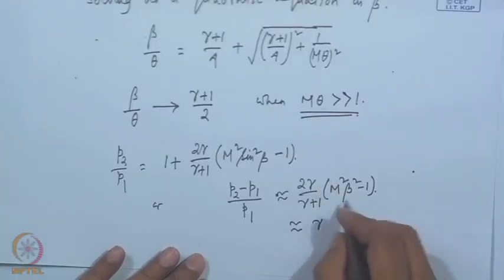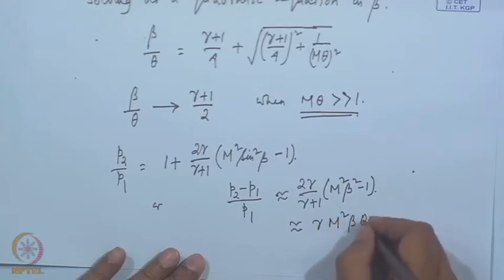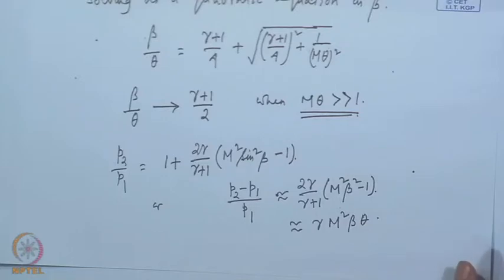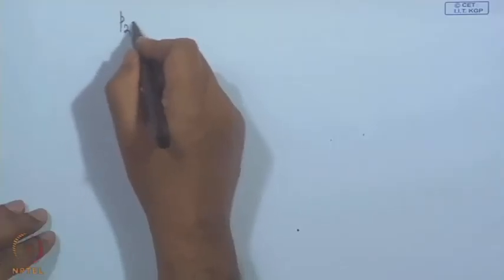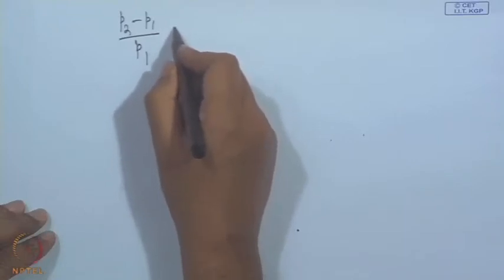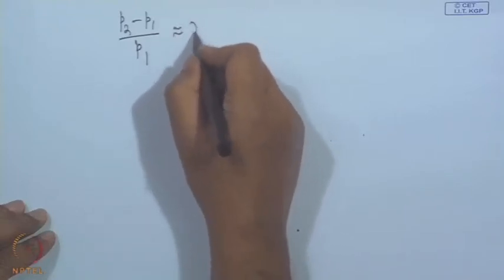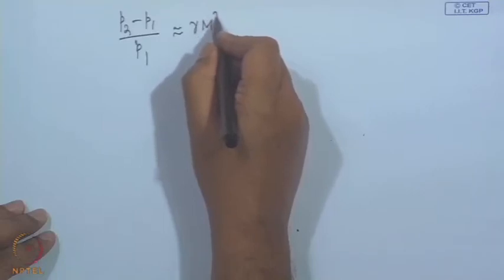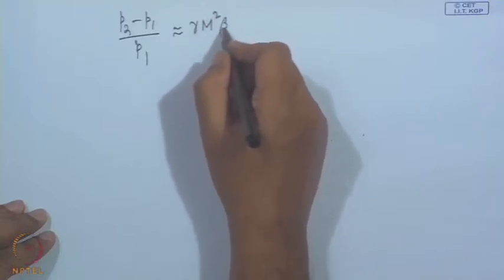So it remains gamma M square beta theta.